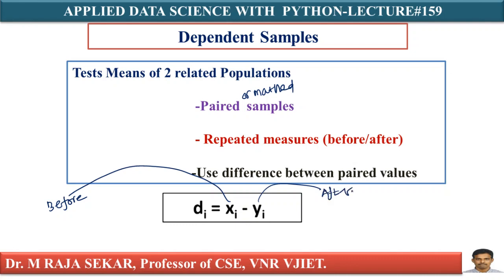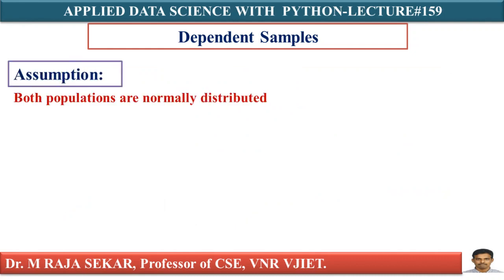That may be something like, suppose a lot of hair oil company advertisements are coming: before applying the hair oil, what was the length of the hair? After applying the hair oil, what is the length of the hair? That's something like before and after. We even discussed blood pressure before dose and after dose.